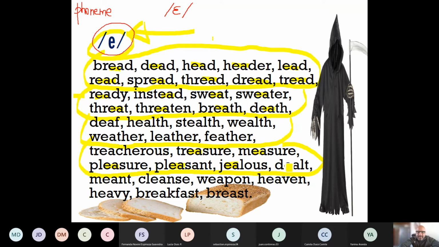Jealous. And finally, dealt. Exactly, dealt. A very difficult list of words that you had to read aloud.